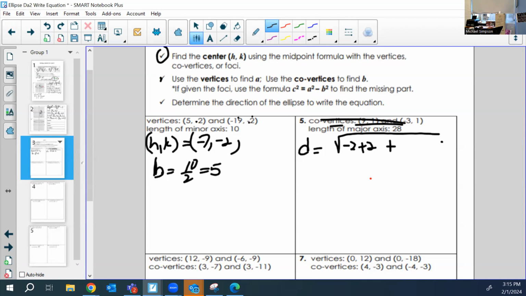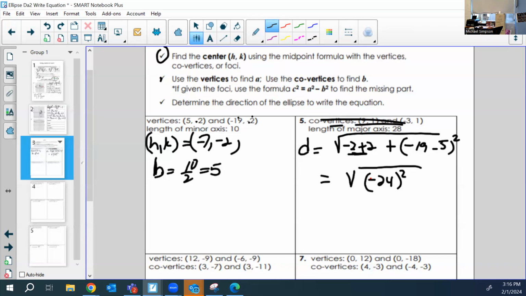Then x2 minus x1, negative 19 minus 5, squared. This is 0 right there, so all I'm left with now is negative 19. Did I make a mistake here? Negative 19 minus 5. Okay, yes, that's right. Now I'm left with the square root of negative 24 squared.